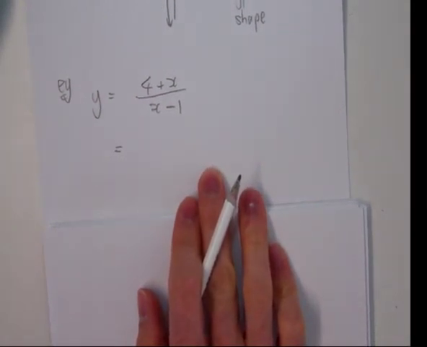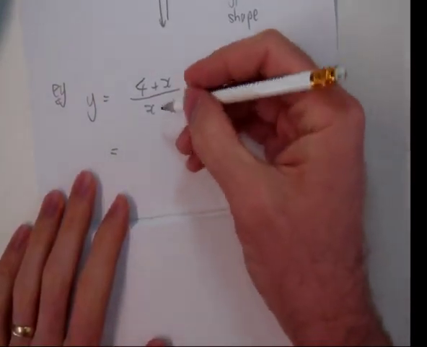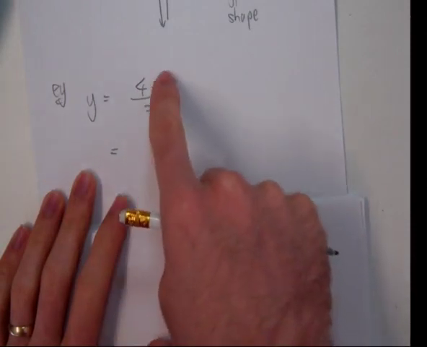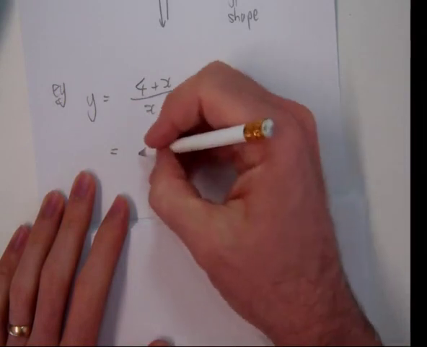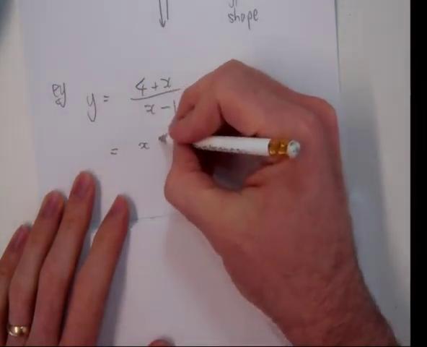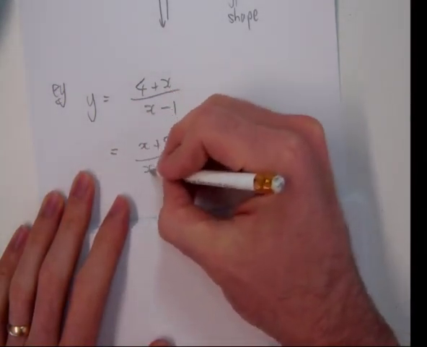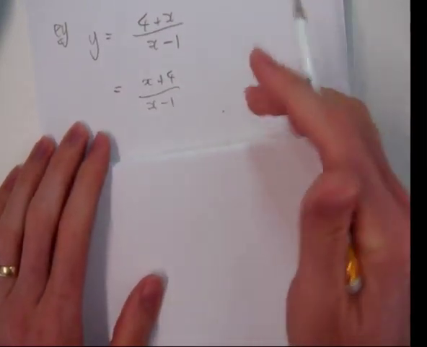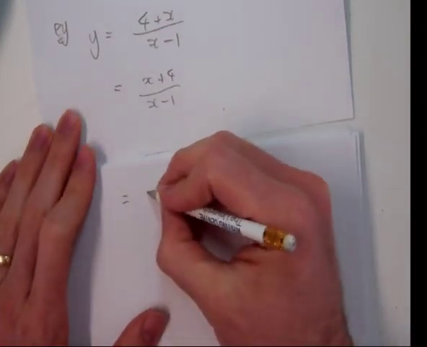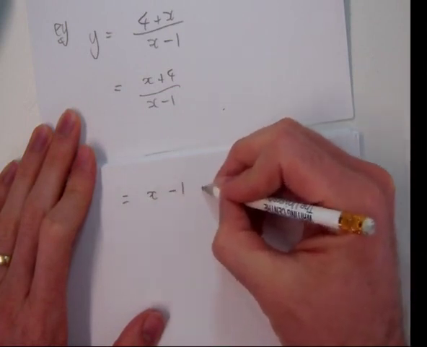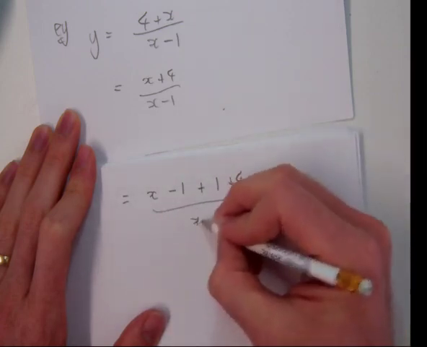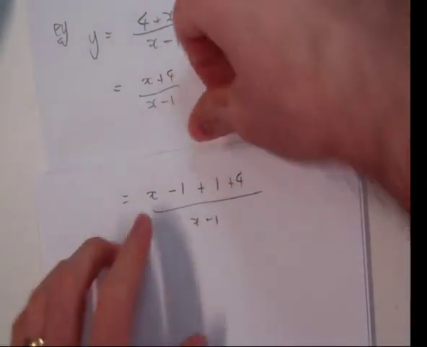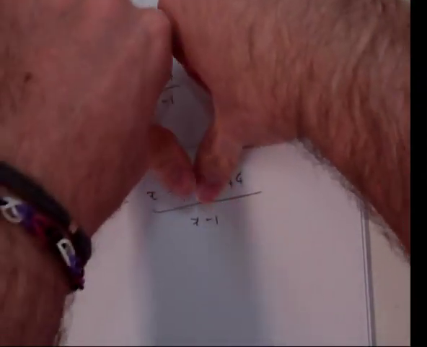Just like with the quadratics, if I can factorize it, I can get the zeros. Well, I'm going to do that here too. So what I'm going to do is I'm going to make the numerator, the top here, look more like the bottom. So first I'll do this, because that makes it easier. And then I'll say, well, before, I can't cover that up.